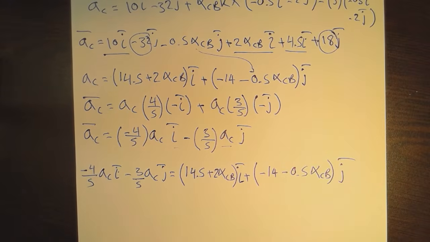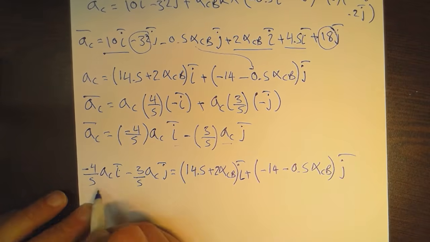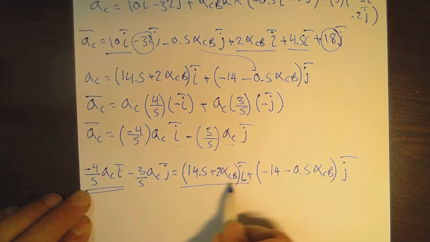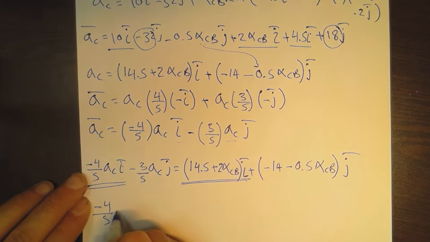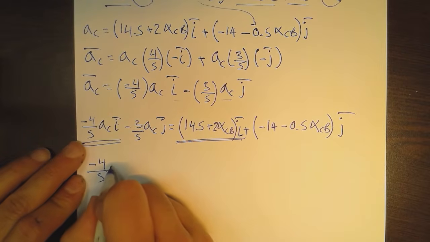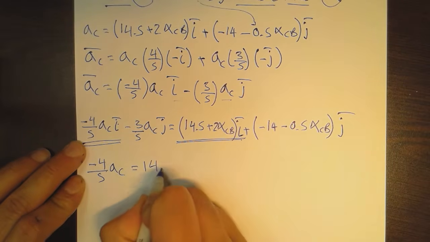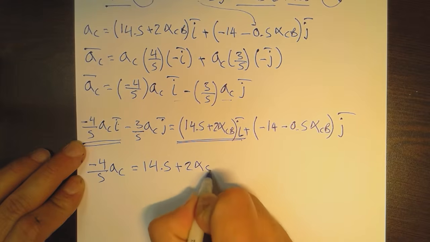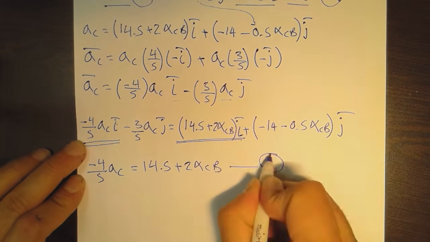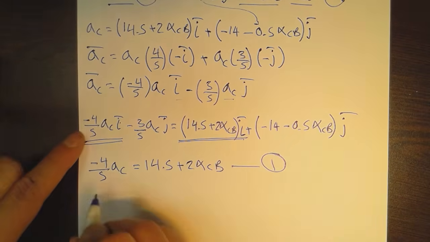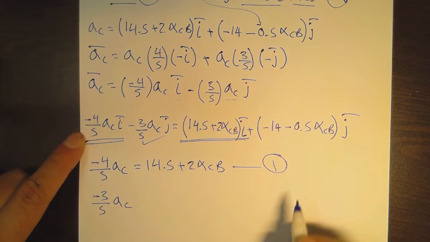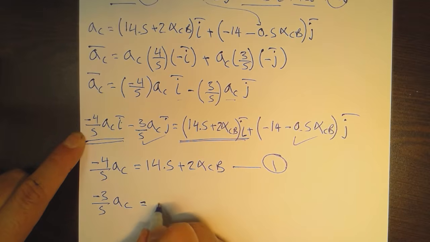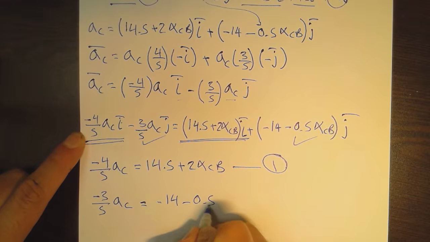So we can equate the I terms together. So we're gonna equate minus 4 over 5 AC is equal to 14.5 plus 2 alpha CB. This is the first equation. And the second equation is minus 3 over 5 AC, which is this one, with this one, to say minus 14 minus 0.5 alpha CB.